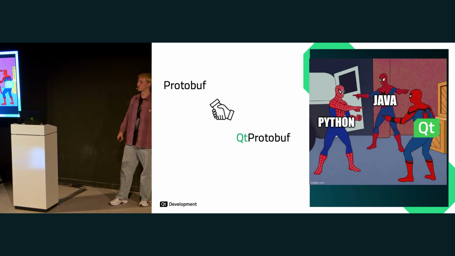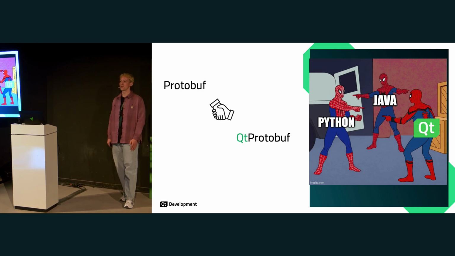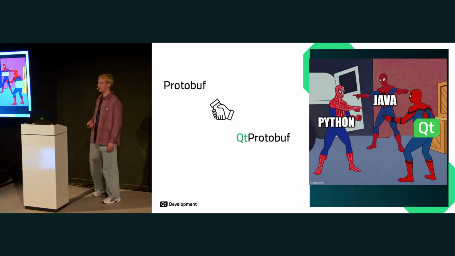So let's introduce QtProtobuf. And I would say it's a strong handshake that we have here. We are not competing with them. We're joining the ecosystem. So we can also communicate with all those other great languages out there.